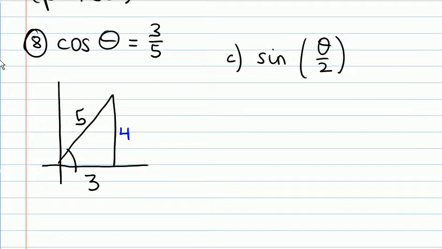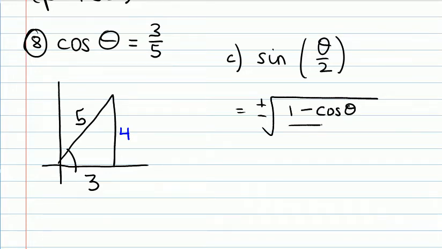The sine of theta over 2 has the identity of plus or minus the square root of 1 minus the cosine of theta, over 2. Notice that plus or minus is a choice. So if you look at where theta is, it's in the first quadrant.